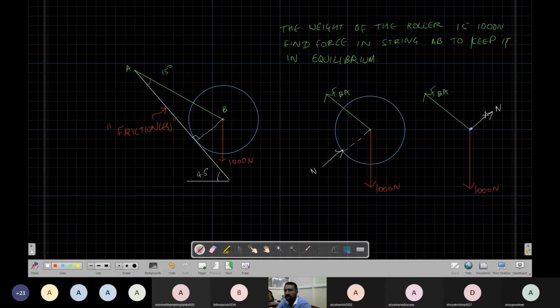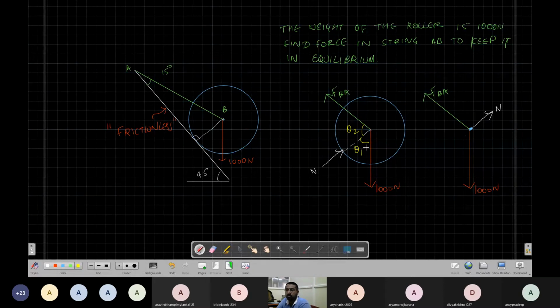How do you do this? Any idea what these angles are? So I'll call this angle theta 1, and this is theta 2. How do you find those angles?